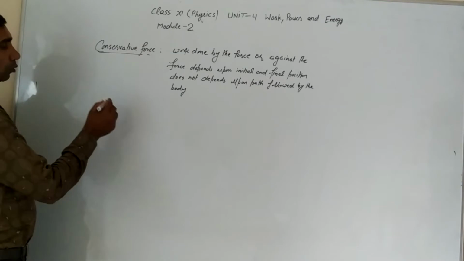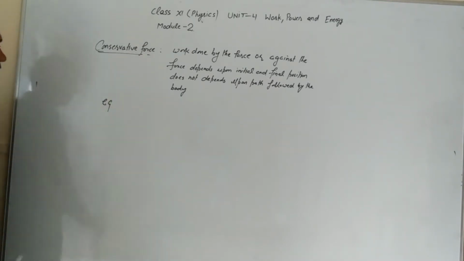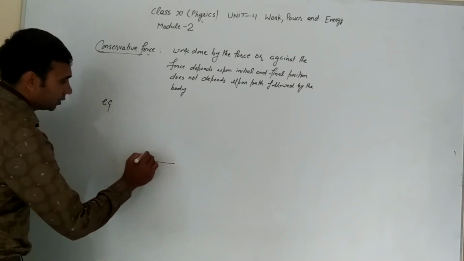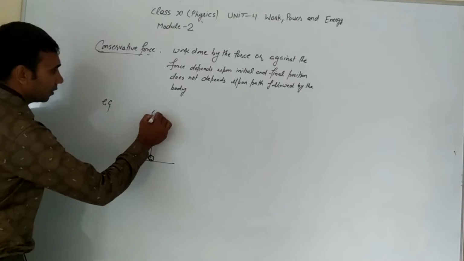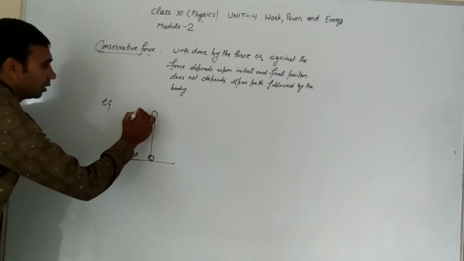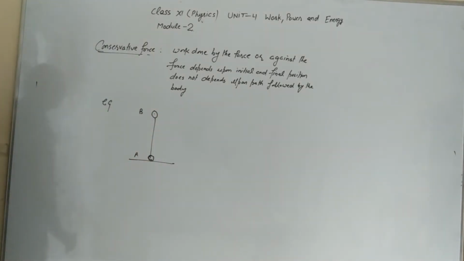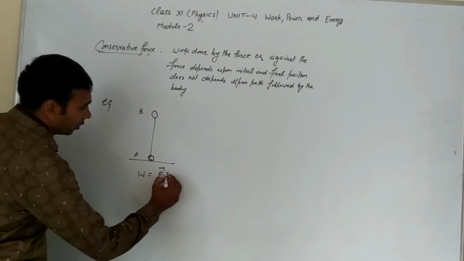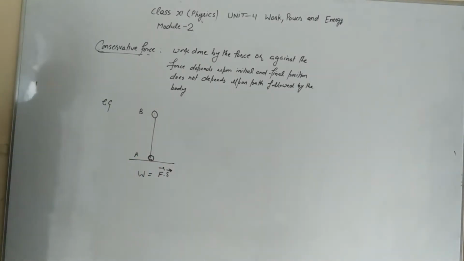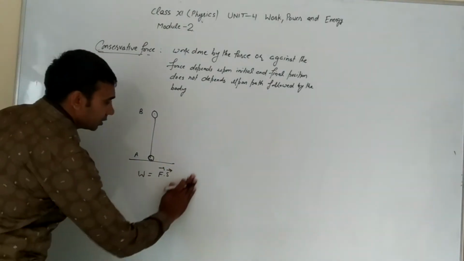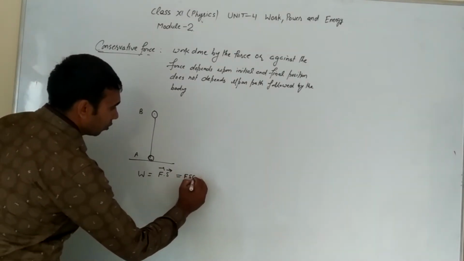Let us take it with the help of examples. Example: when a body is raised from point A to point B, then the work done by the body W is equal to F dot S. We know work done F dot S can be written as Fs cos theta.